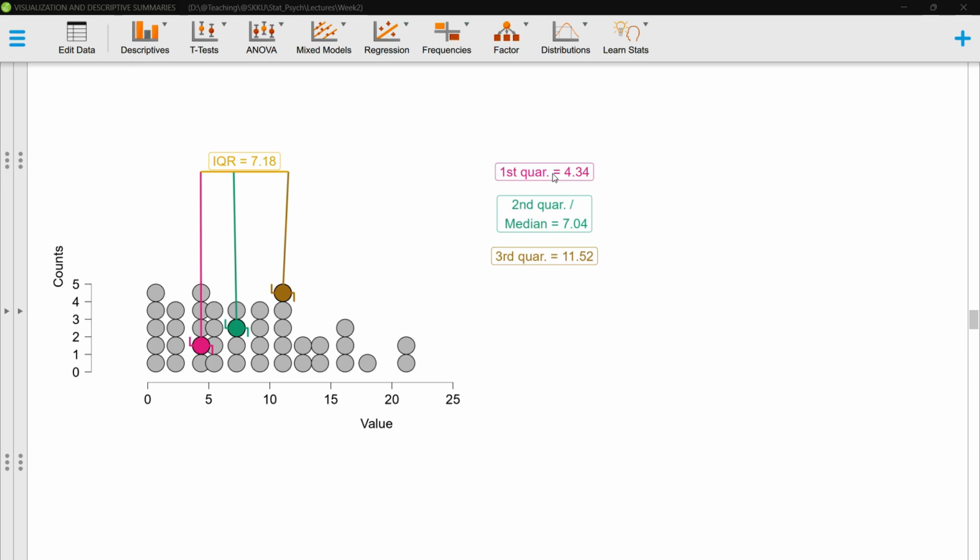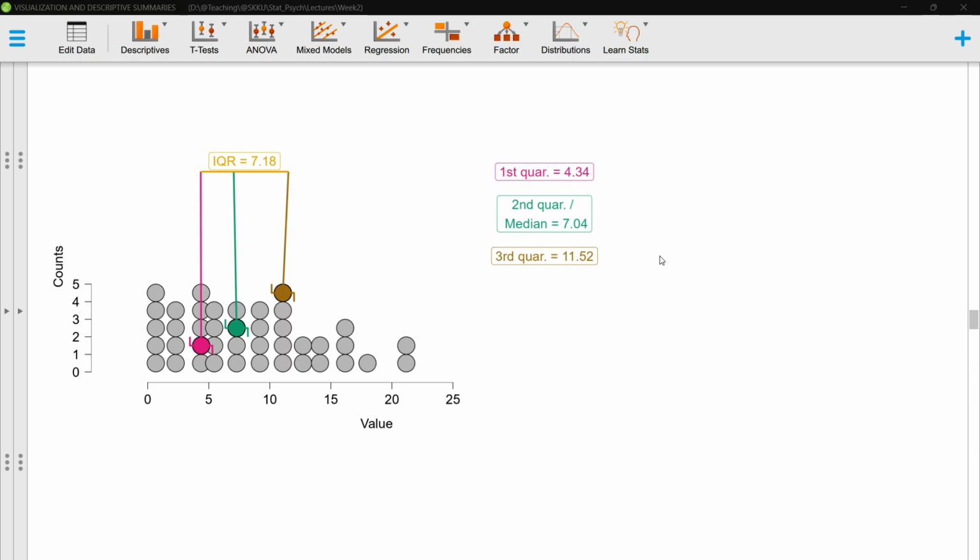Based on these five numbers, the minimum value, the maximum value, and the three quartiles, we can represent the characteristics of the distribution, and that's the way we draw the box plot based on these five values. It is one of the most useful distributional plots among all the types.